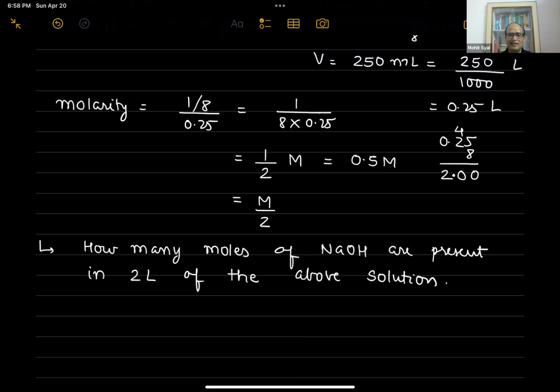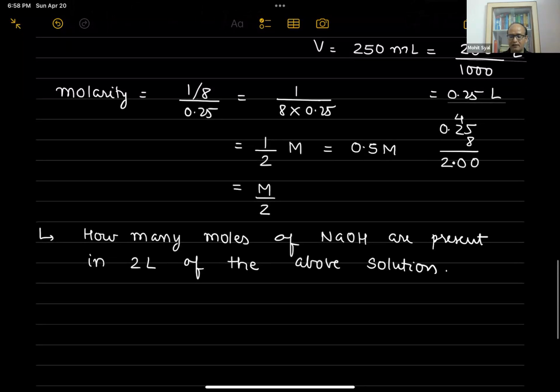If this same solution is taken in larger quantity, 2 liters, how many moles of NaOH will be there? What will be the answer? Molarity is the same. The above solution has a molarity of, that we calculated, 0.5 molar.